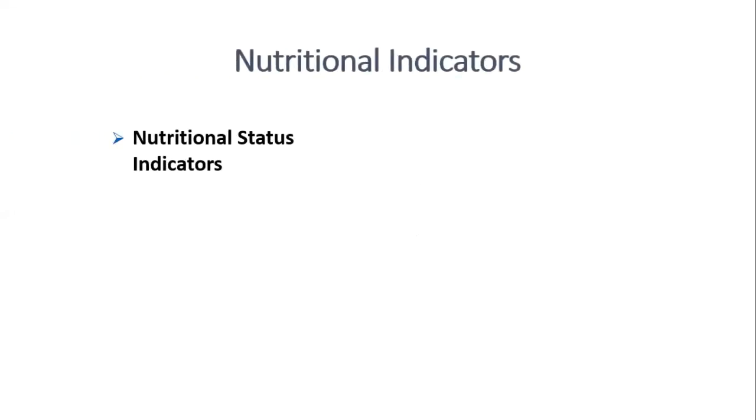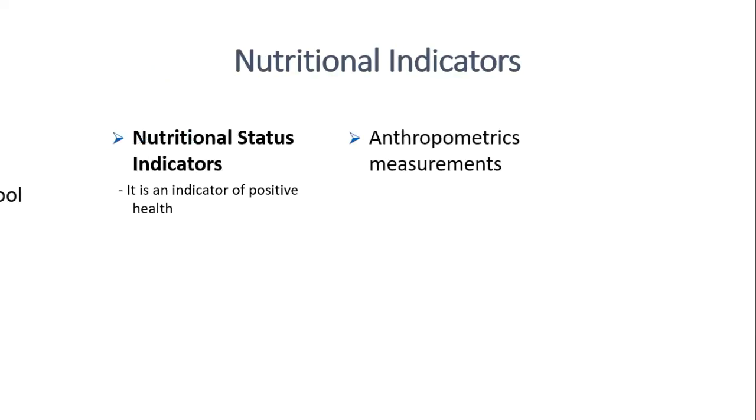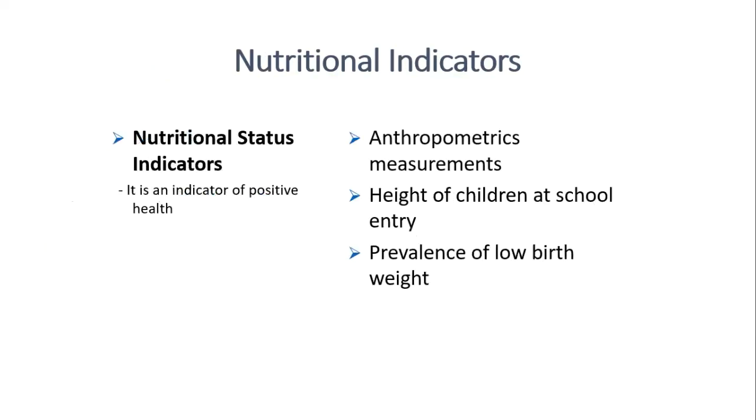Now, nutritional indicators. Nutritional indicators can be calculated through anthropometric measurements. When I say anthropometric measurements, this will be weight, height. Anemia is also one of the nutritional indicators.